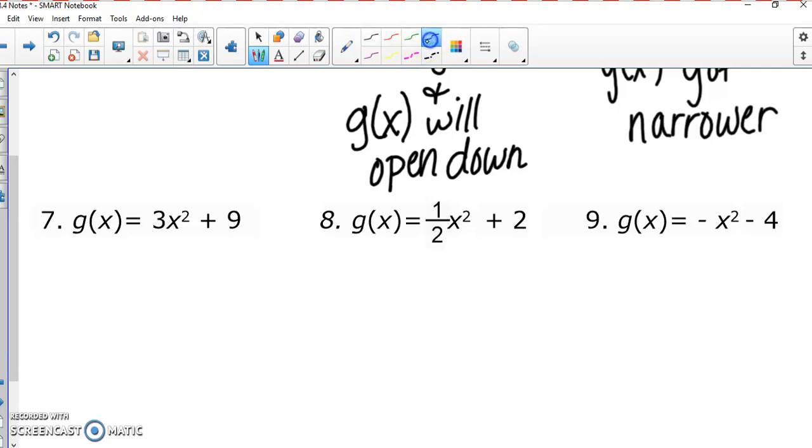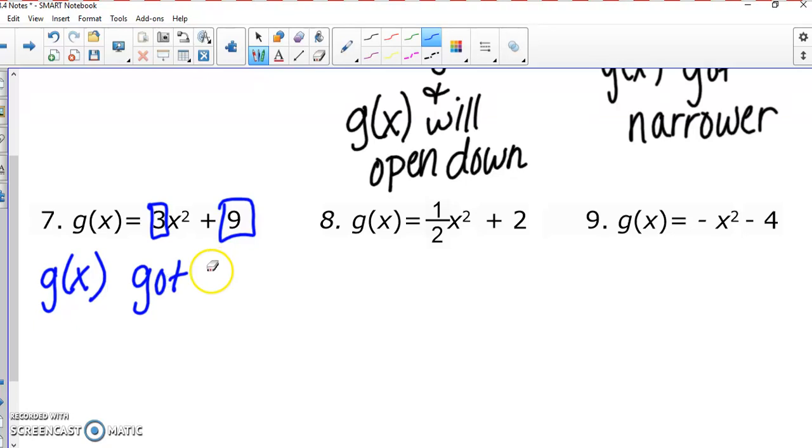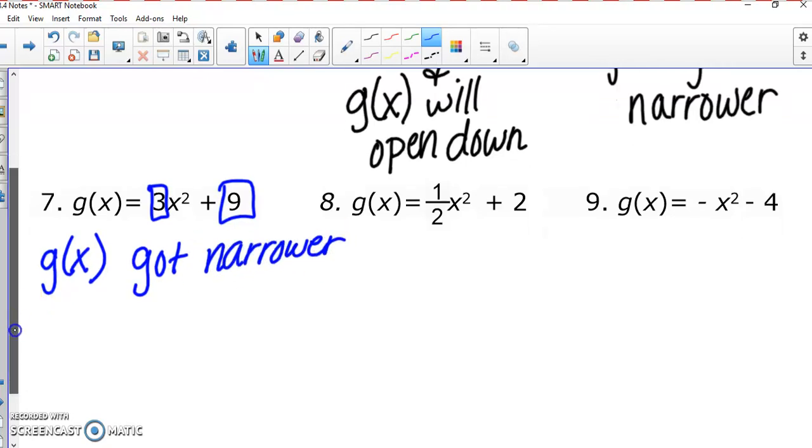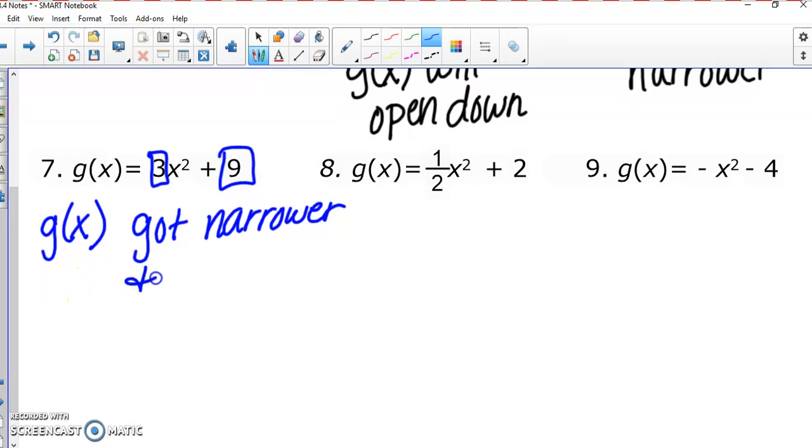Okay, now these ones down here, they had a couple things happen to them. So here we had this 3 and this 9 got tacked on. So this 3 in front, it's bigger than 1, so we would say g of x got narrower. And then that 9 on there means that it translated. So we would say that, and it translated up 9, since it's a positive 9.